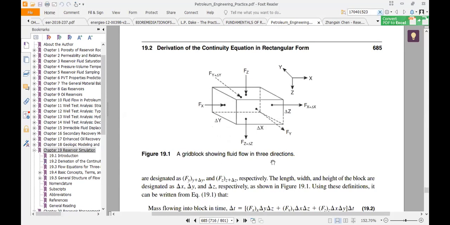Figure 19.1 shows a grid block with fluid flow in 3 directions. So this is X, Y is into the book, and Z is downwards.